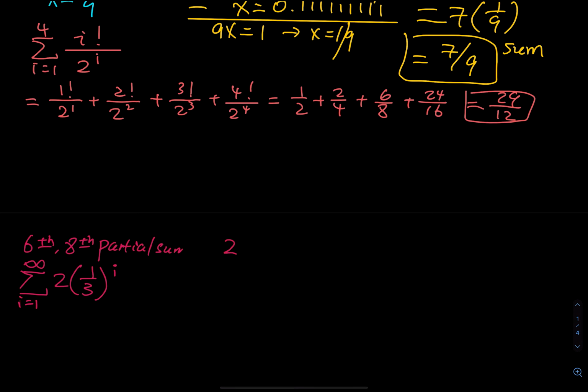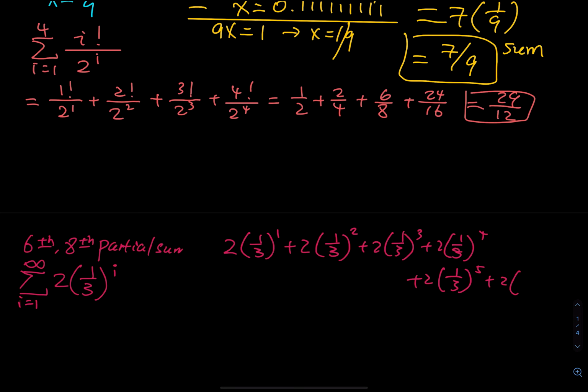So we have 2 times 1/3 to the first, 2 times 1/3 to the second, and then 2 times 1/3 to the third, to the fourth, to the fifth, and then to the sixth. So this one will be what? All you have to do is just add them, right?